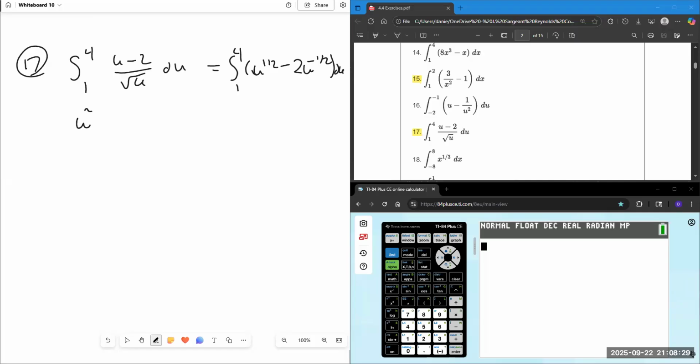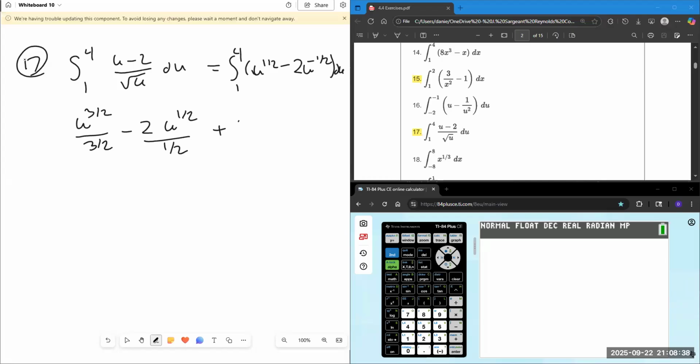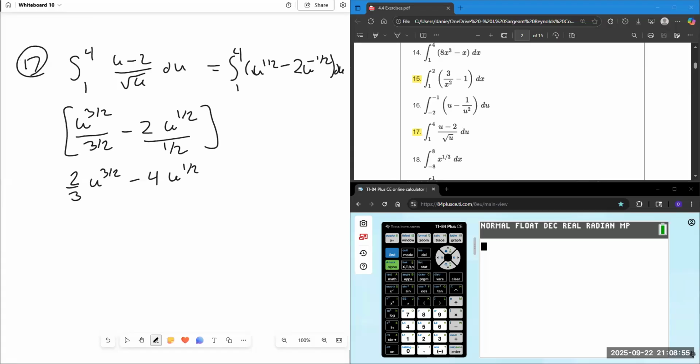It's u to the 3/2 divided by 3/2 minus 2u to the 1/2 divided by 1/2, which is 2/3 u to the 3/2 minus 4u to the 1/2. And these are not plus C. These are evaluated from 1 to 4 because we're doing definite integrals now.